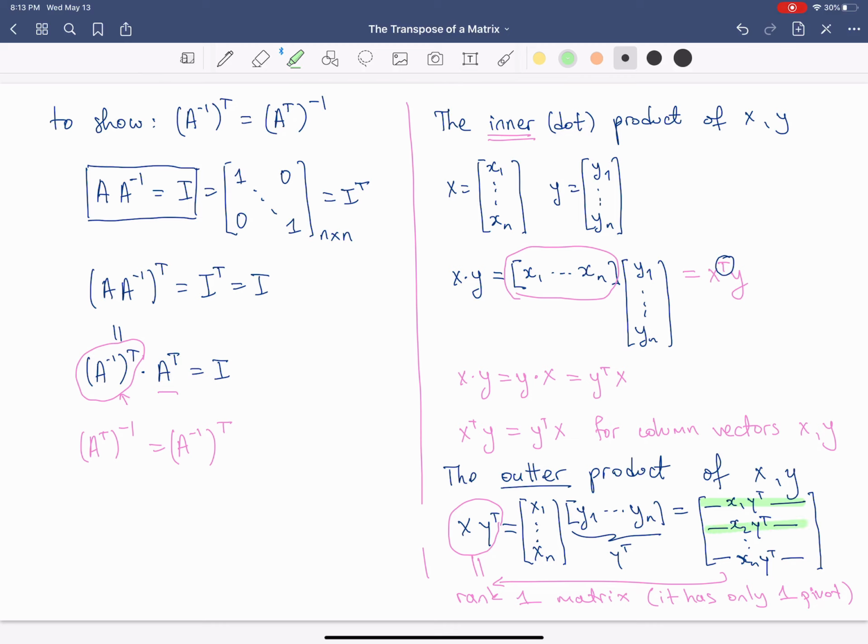This row is also a multiple, which means that the space that those two describe is just the line that passes through the vector y. This one over here is also a multiple of y. So all of these rows are actually multiples of y transpose, which means that after we carry out elimination, only the first row will survive and all the other ones will be 0, hence the rank 1 matrix.